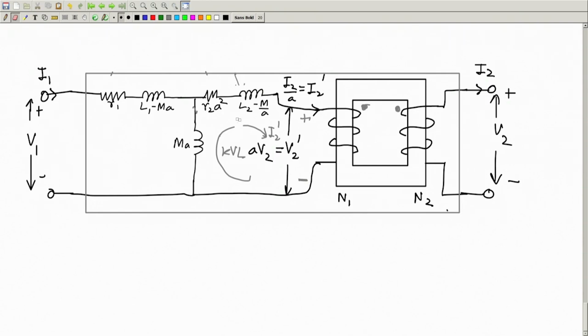Okay, so this is the equivalent circuit, and we give them names. We call R1 the primary side resistance.